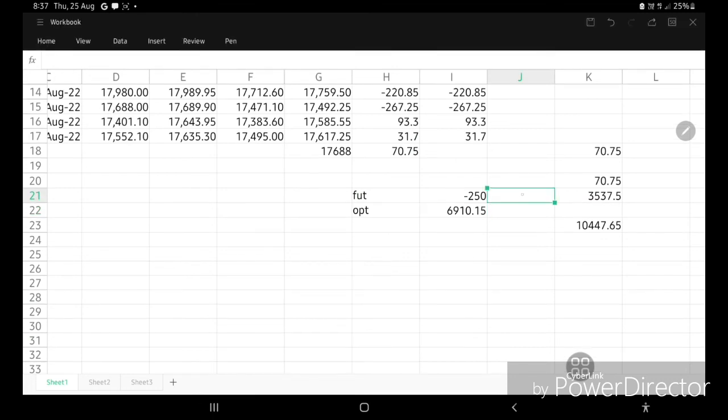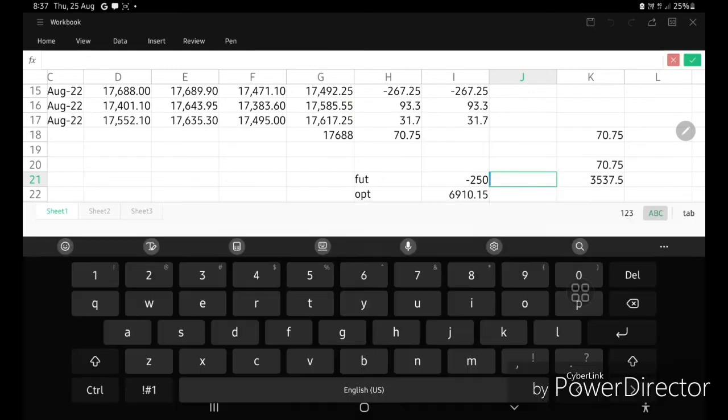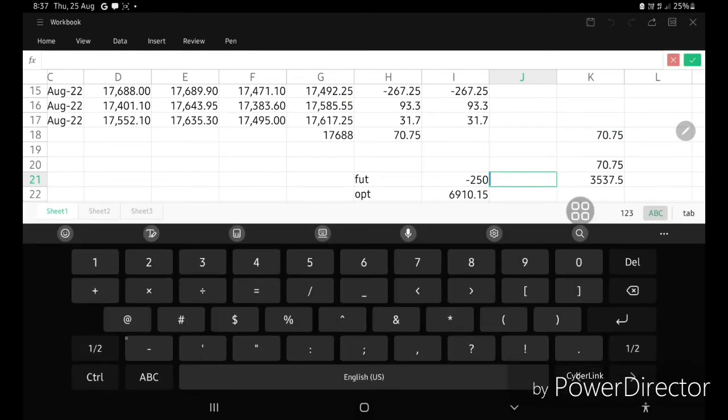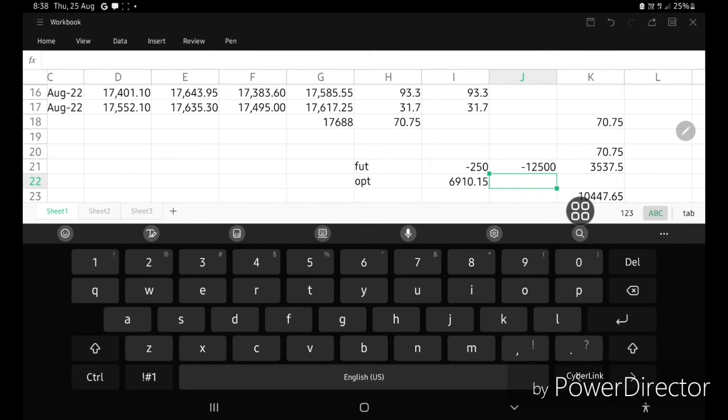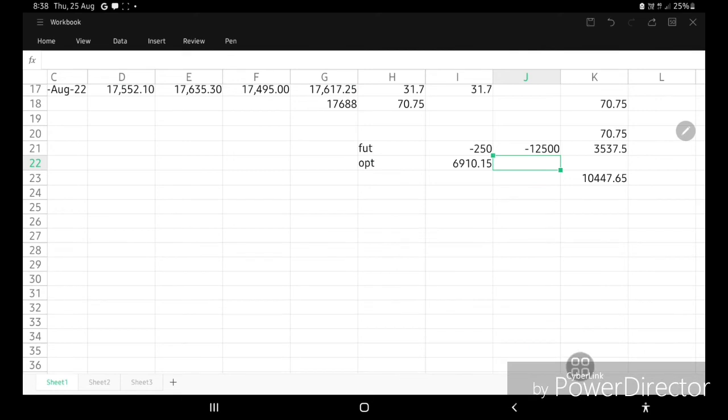So what you have to do to find out the profit is equal to minus 250 multiplied by 50, because one quantity contains 50. So from the futures I made a loss of 12,000.